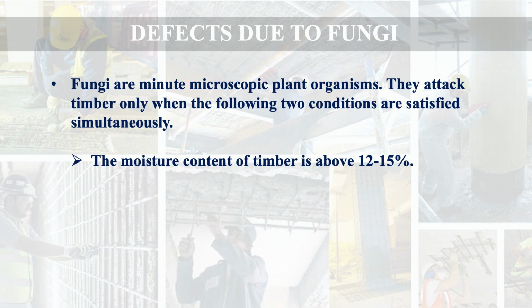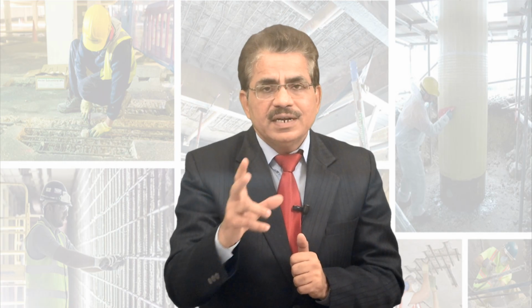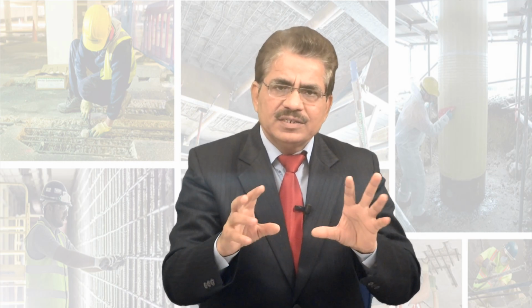Second condition is that there is presence of air and warmth for the growth of fungi. So these are the two conditions where fungi find a favorable condition for attack and growth. What are these? Moisture, and air plus warmth, a warm environment.